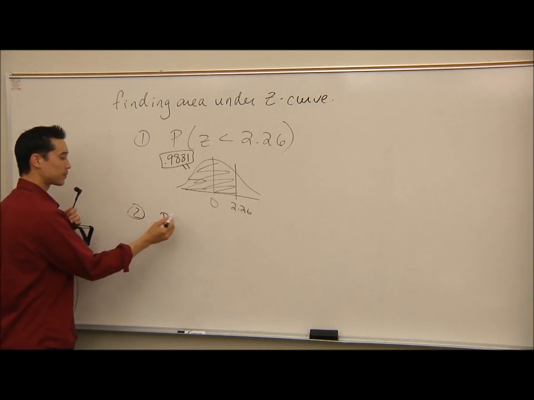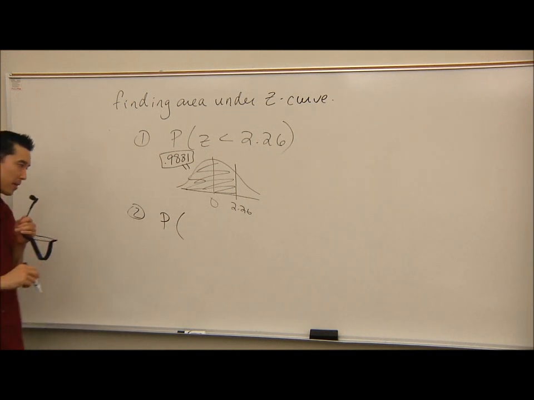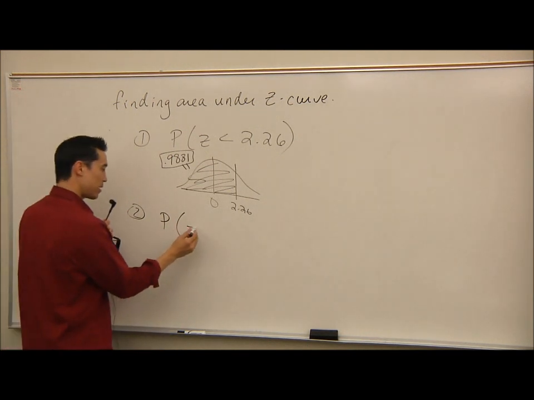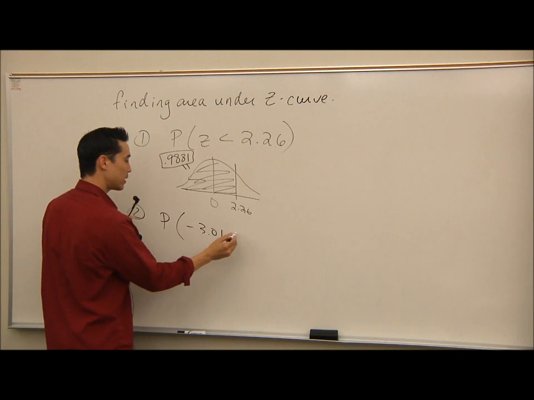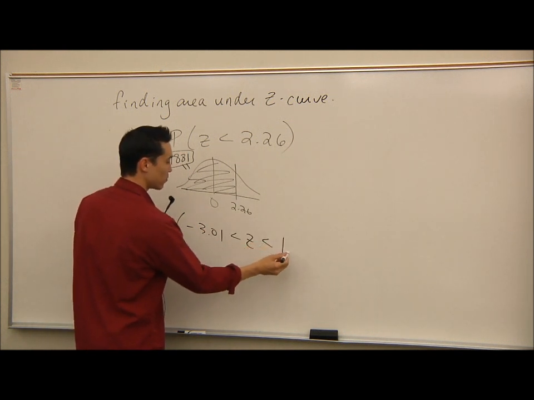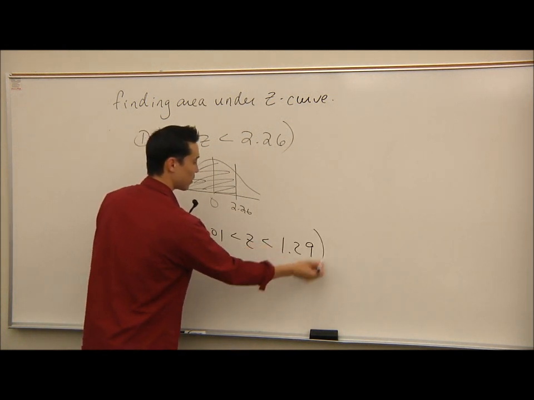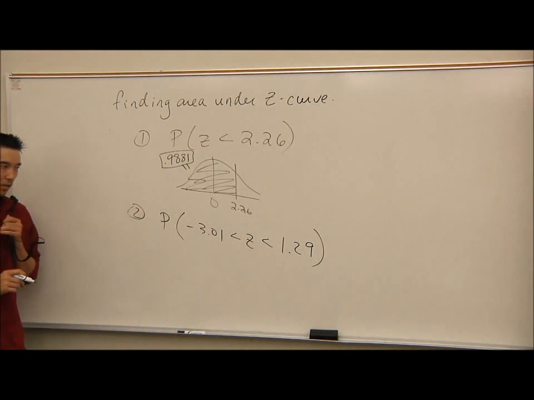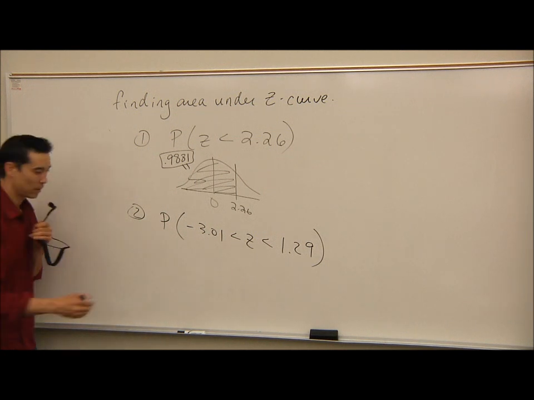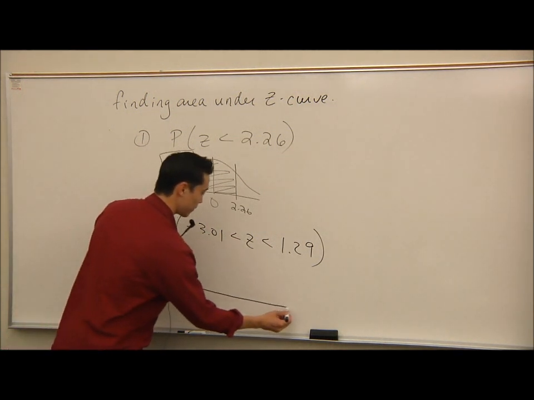What's the probability? If you can get this one, you should be able to get them all. Let's say negative 3.01 is less than z is less than 1.29. Okay? So what does that mean? I want the area between negative 3.01 and 1.29. So draw your graph.